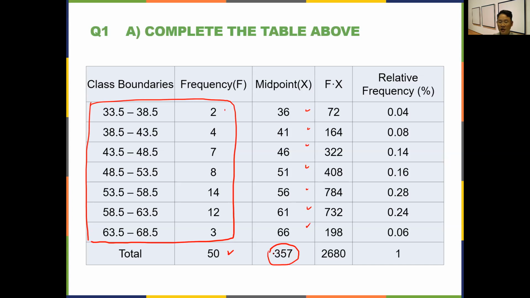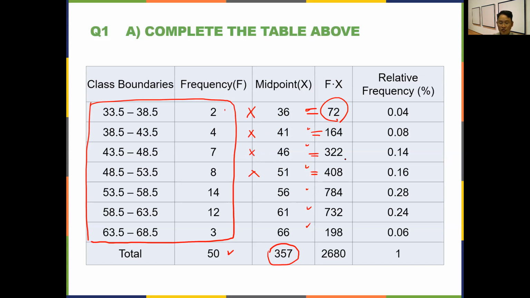You don't have to calculate this. Now this one that you got, multiply 2 times 36, you got this. 4 times 44, then you got this. 7 times 46, then you got this. And so forth, right? You get the idea. Because it says right there, f times x.